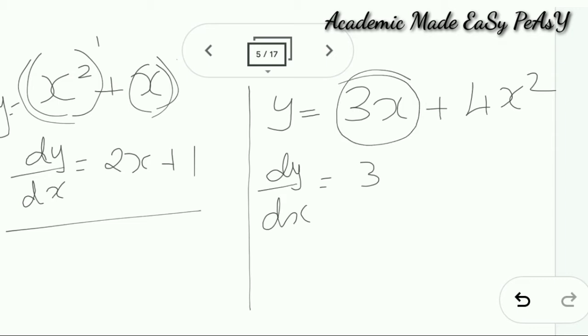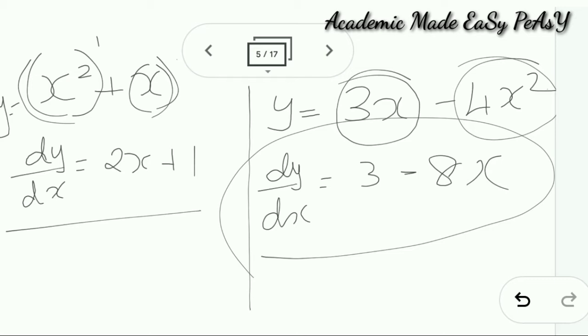Sorry, this should be minus, no? Let this be minus. Okay, fine. So here it is minus. Again we will be taking the derivative for this, so it will be 2 fours are 8, so minus 8x. That's it. So I think you will be clear for addition and subtraction.